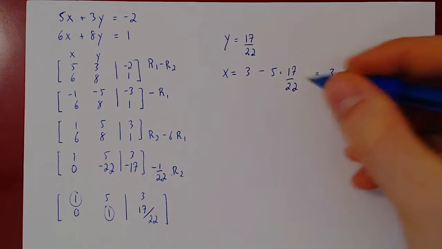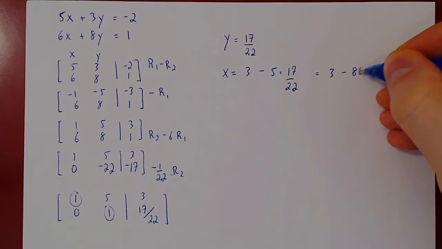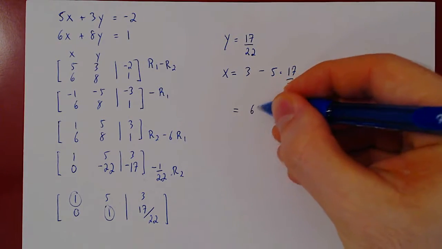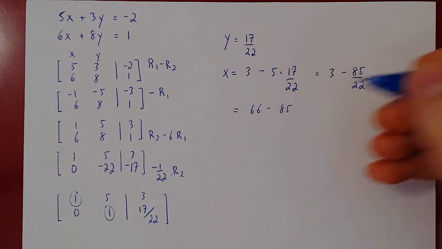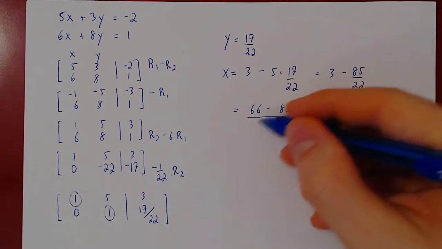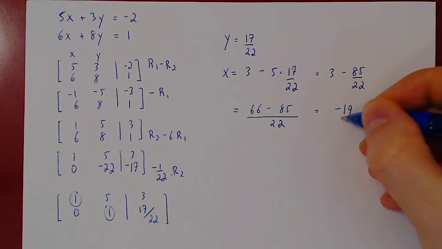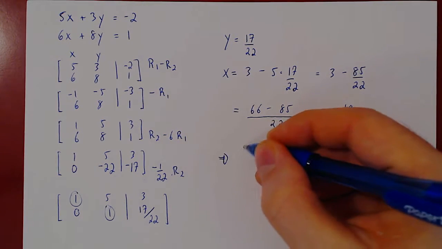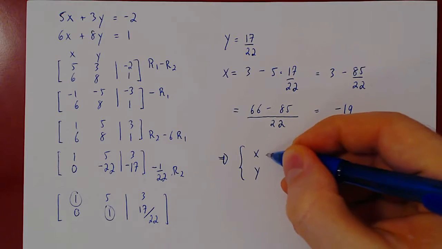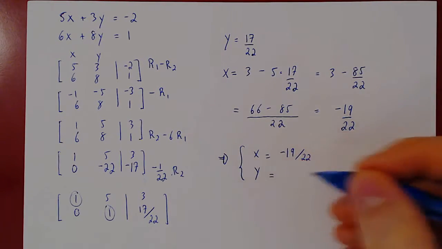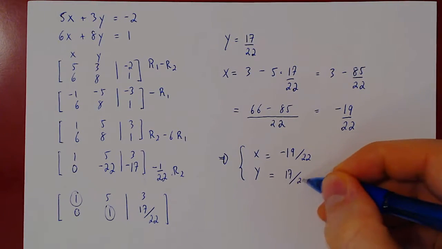We have 3 minus 5 times 17, 85, over 22. Common denominator, 66 minus 85 over 22. 66 minus 85, negative 19, over 22. And now we have our unique solution. The system has a unique solution being x equals negative 19 over 22, y equals 17 over 22.